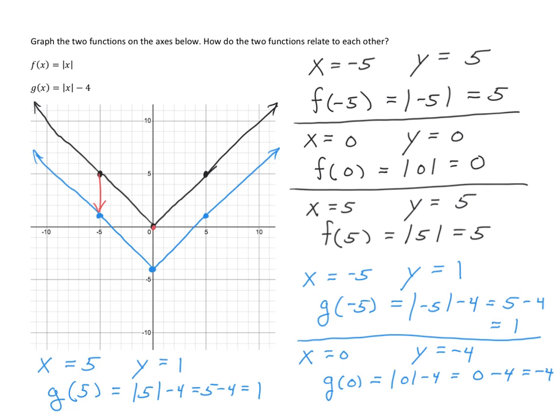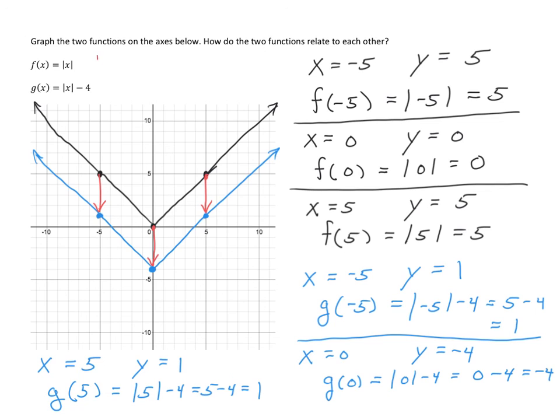Well, that's also true for this point. And it's also true for this point. The picture is starting to get kind of messy. There's a lot going on. But every point is moving down 4 places. And that's because we subtracted 4 from every single y value. So in terms of how these two functions relate, I would say the graph of g is the graph of f, but it's been moved down 4 places.